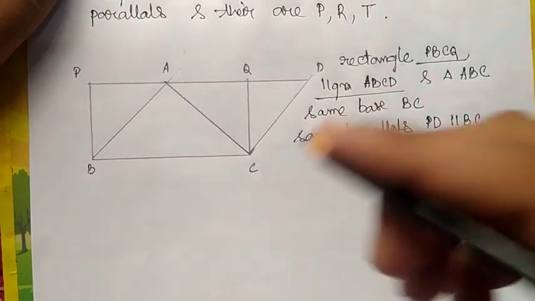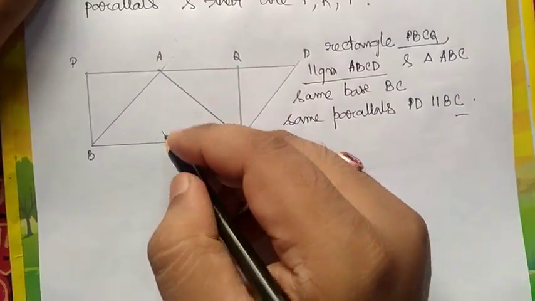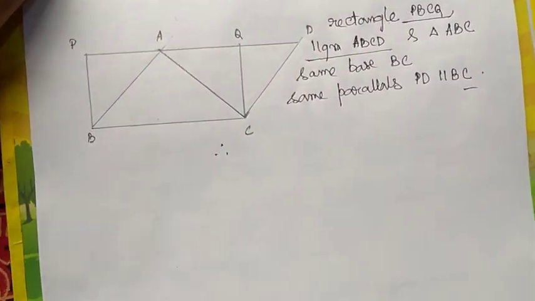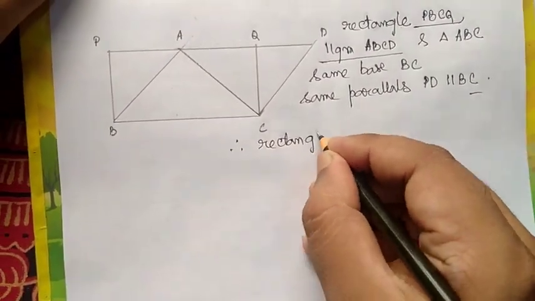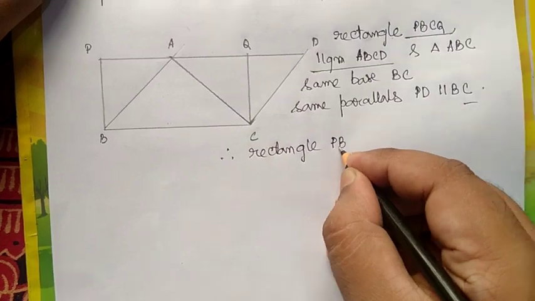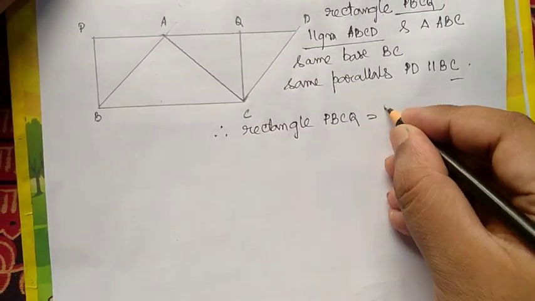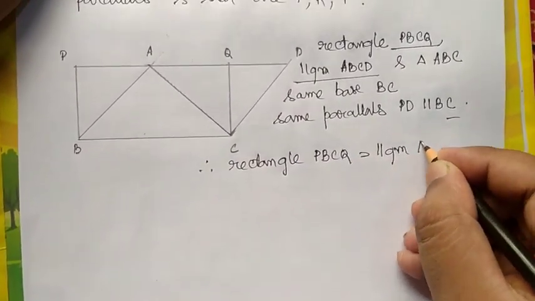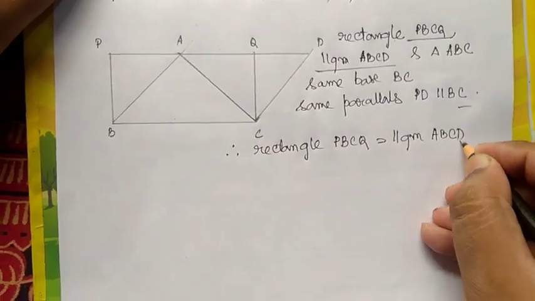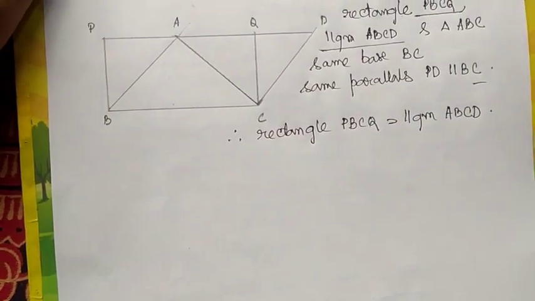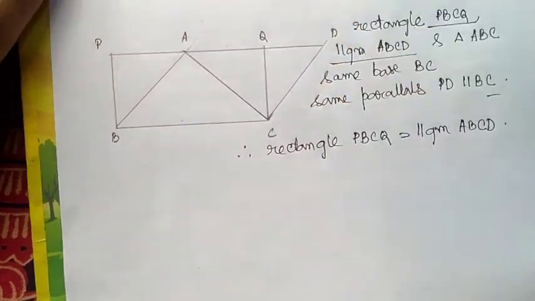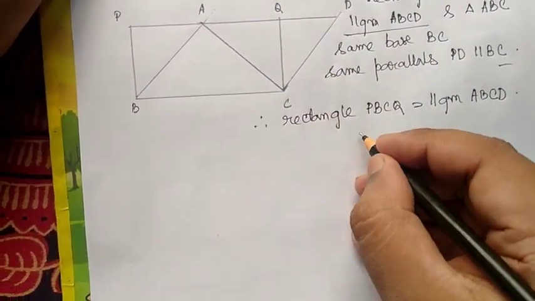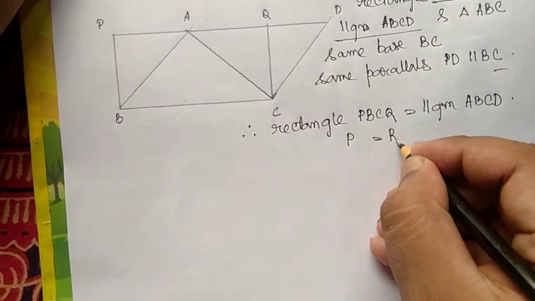If both are on the same base and the same parallels, therefore rectangle PBCQ equal to parallelogram ABCD. The area of the parallelogram is P, area of the rectangle is R. So therefore we can say that P equal to R.